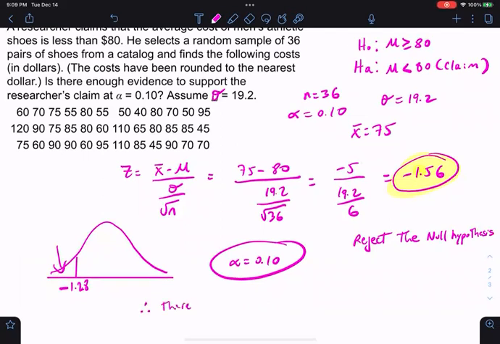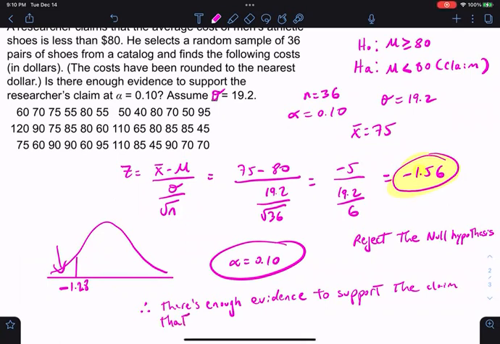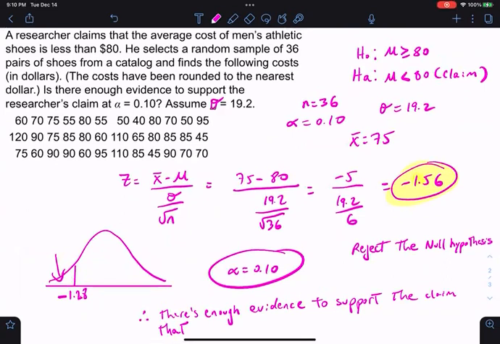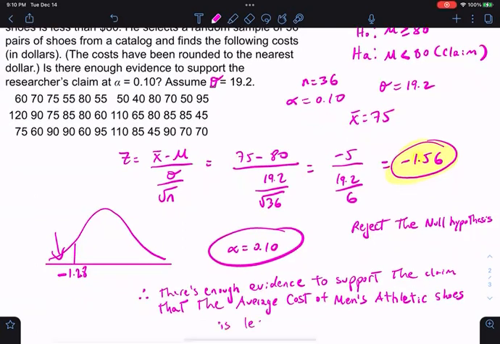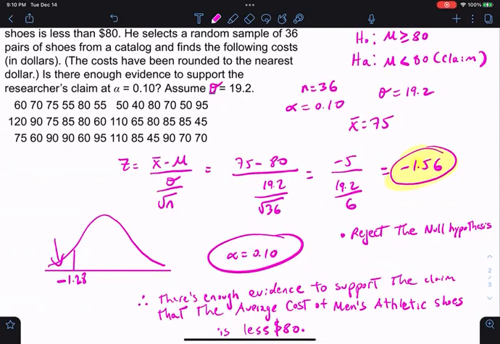Therefore, there's enough evidence to support the claim that the average cost of men's athletic shoes is less than $80. Okay, so that's what you need to say. This is your result and this is your conclusion, right? So that's what you need to do. Reject the null.